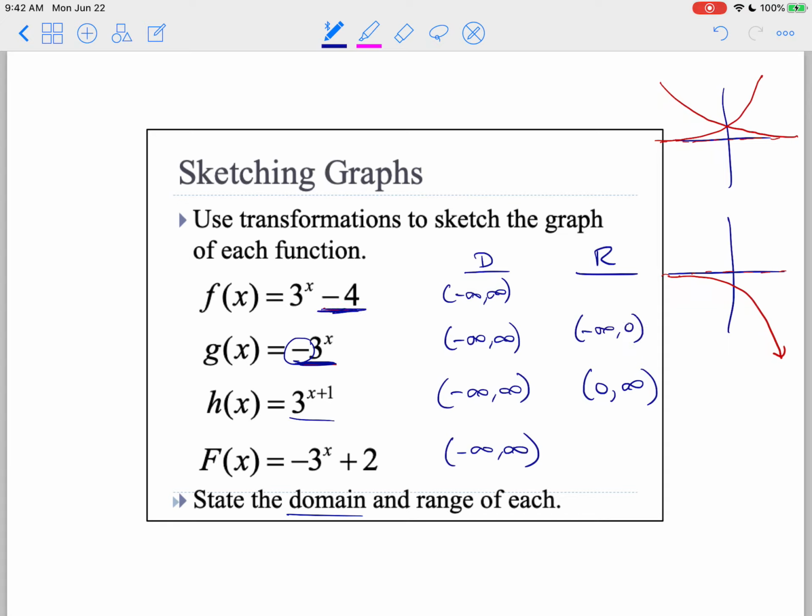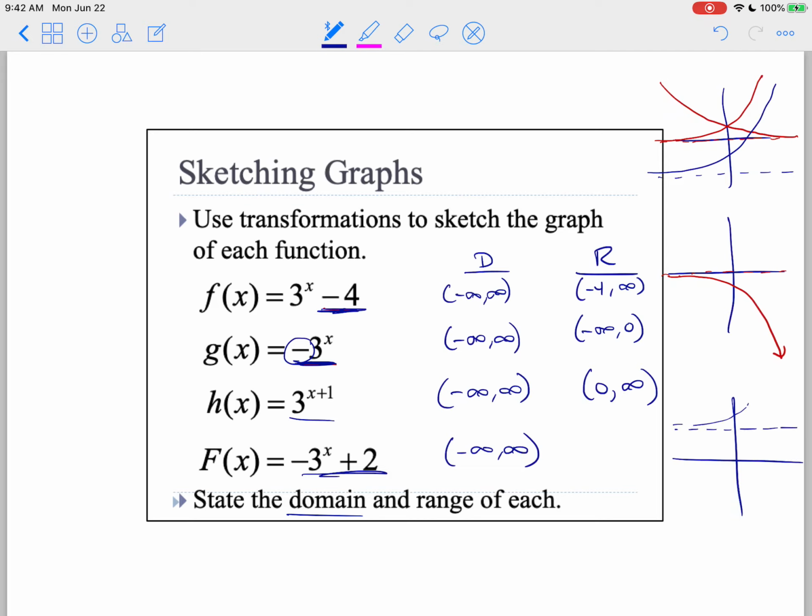This one here is just shifted down 4. So my horizontal asymptote has been shifted down 4, but it's still growth. So it's going to start at negative 4 and go all the way to infinity. And this one here has been shifted up 2.